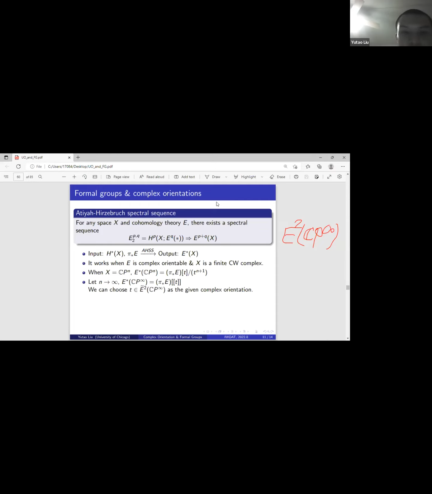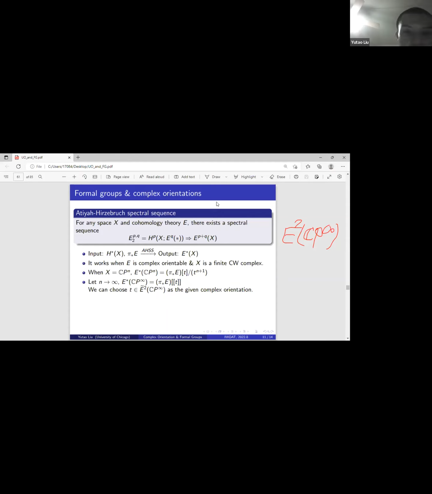So when you take n to tend to infinity, the E-cohomology of CP infinity will behave as the formal power series over the homotopy of E. And moreover, here you can choose the variable t, which has degree 2, to be the given complex orientation.